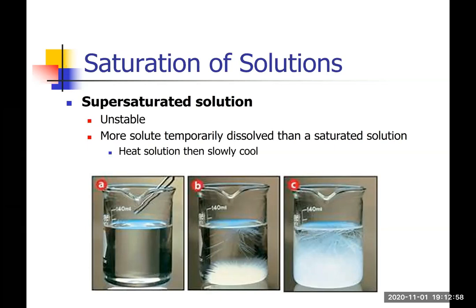But you can see that there is a pair of forceps dropping into this supersaturated solution one more little crystal of solute. When that one more little crystal of solute drops into that very unstable supersaturated solution, you can see in panel B that all of the solute starts to drop out of the solution. And by the time we get to panel C, you can see that almost all of the solute has dropped out of that solution. This slide is showing you the lack of stability in a supersaturated solution.